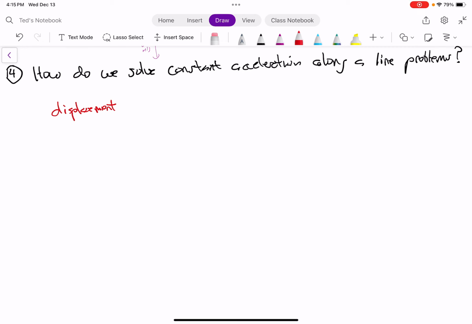So if we have a starting point and we have an ending point, the displacement is just the distance between the starting point and the ending point. And if our positive direction is forward, then a positive displacement means that we have moved a distance forward. If we had a negative displacement, it would mean we moved a distance backward.